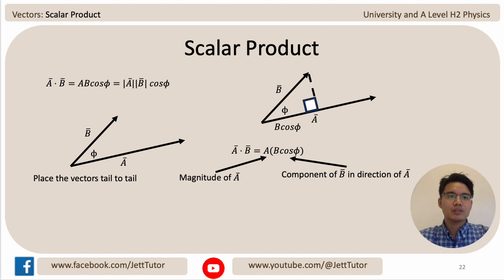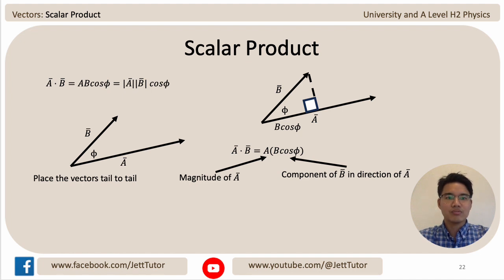How can we write the scalar product in a mathematical form? On the top left, vector A dot vector B is equal to AB cosine phi, the absolute value of vector A multiplied by the absolute value of vector B multiplied by cosine phi. Phi is the angle between vector A and vector B, and to find the angle between them, you place the vectors tail to tail.